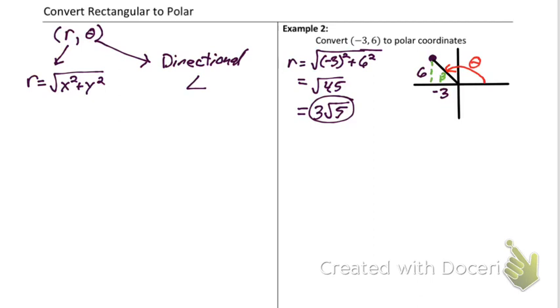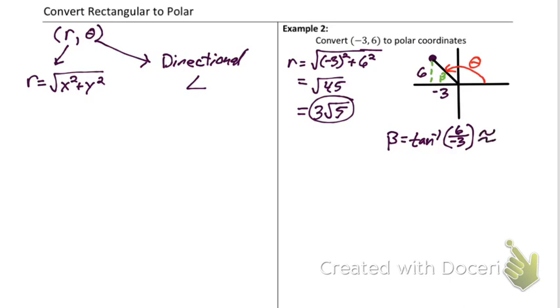To get that beta, we're going to say beta equals the tan inverse of our y value, which is 6, over our x value, which is negative 3.